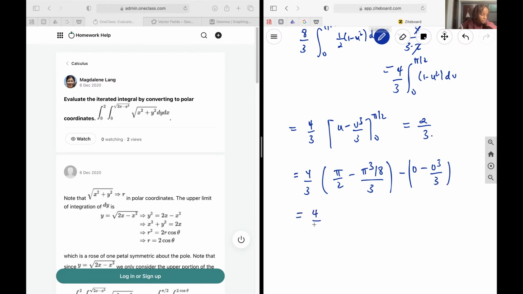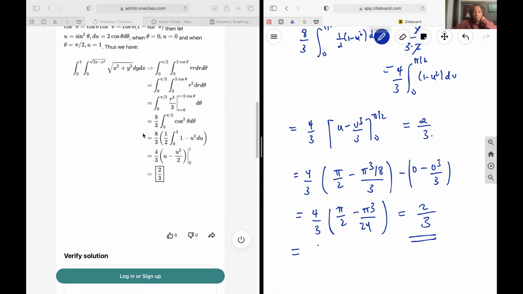And this will give me 4 over 3 pi over 2 minus pi cubed over 8 by 3, so 24. And once I calculate all of that, I'll get the 2 over 3. And that's going to be it for this question.